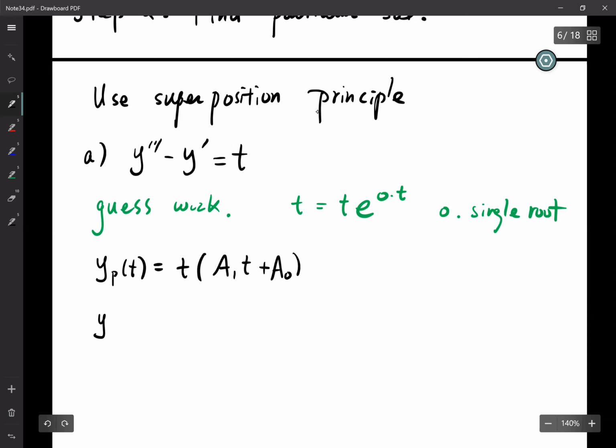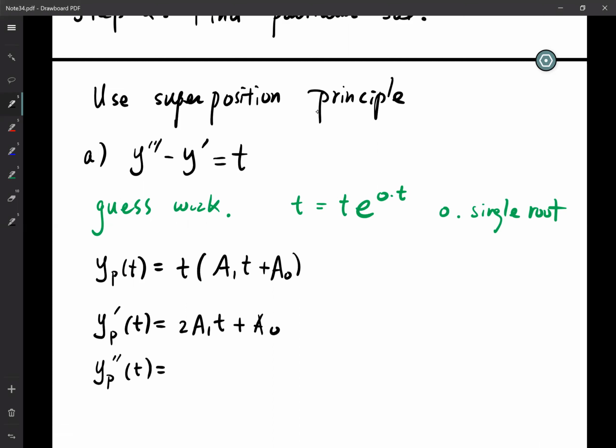So this is a second order derivative, so this is a polynomial of degree 2. So the third order derivative would vanish. First derivative is 2a1t plus a0. Second order derivative is 2a1.